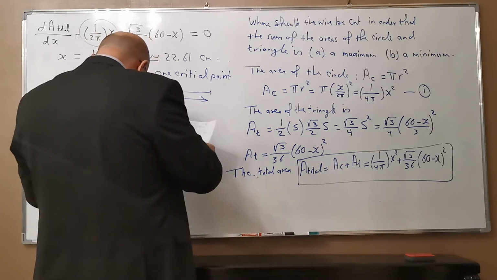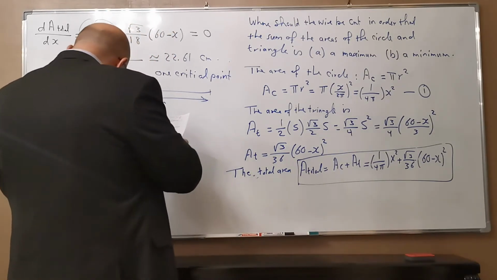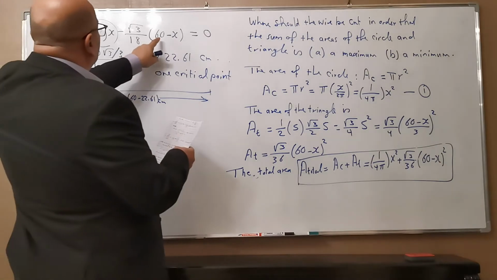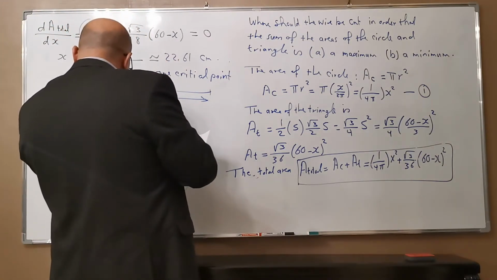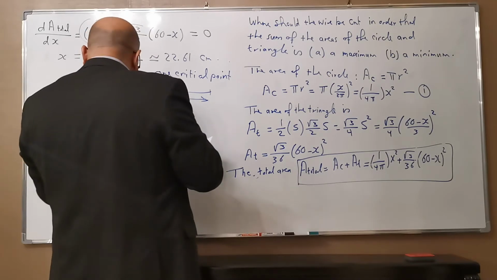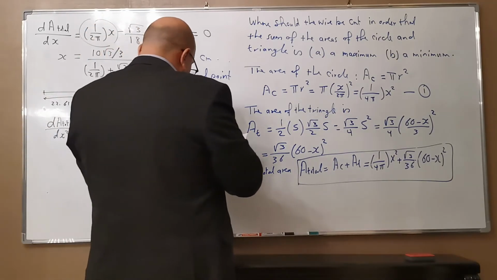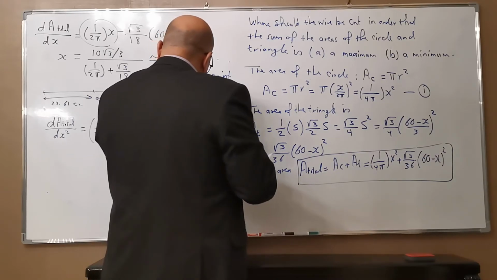I'm sorry, just to fix this one. 1 over 2 pi plus the differentiation of this one is plus square root of 3 divided by 18. And this is definitely greater than 0. This is always positive.